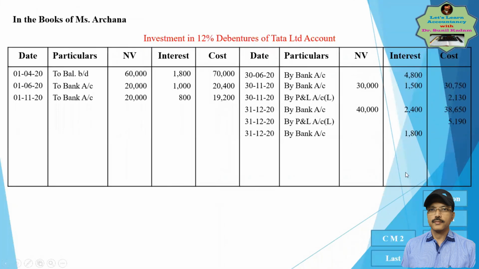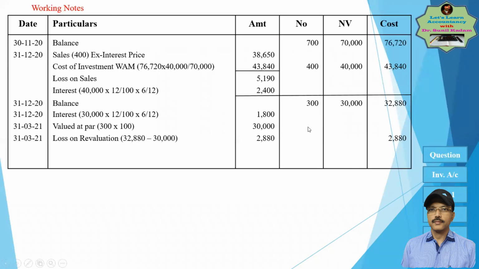So on the investment account credit side on 31st March, by profit and loss account, loss on revaluation in the cost column 2,880. The revaluation loss is recorded.